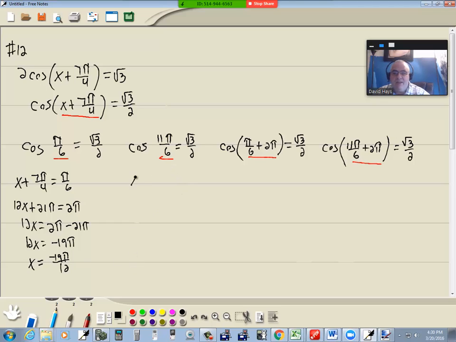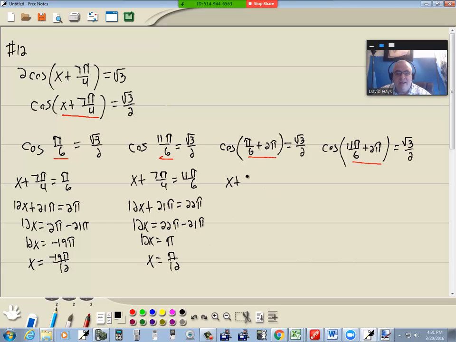Now in this one, to do the same thing, set x plus 7 pi over 4 is equal to 11 pi over 6. Multiply everything by 12, so I get 12x plus 21 pi is equal to 22 pi. Okay. Take the 21 pi over, so I get 22 pi minus 21 pi. I get 12x is equal to pi. Divide both sides by 12, and I get x is equal to pi over 12.